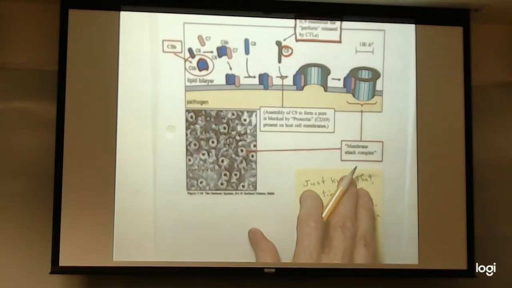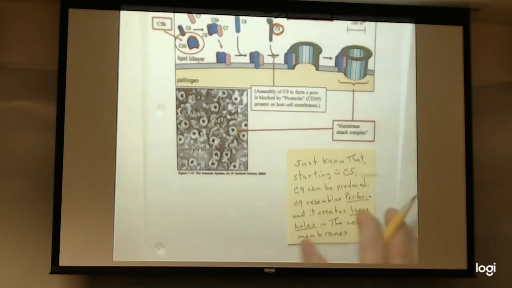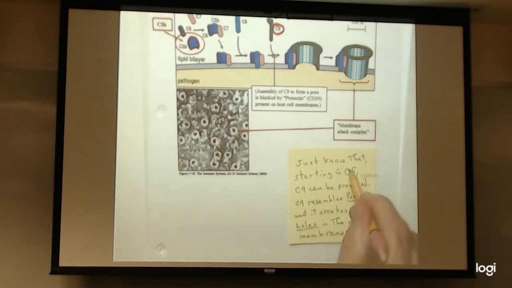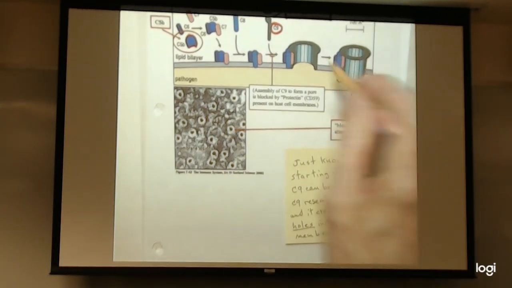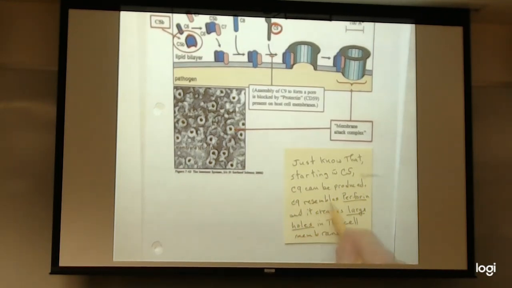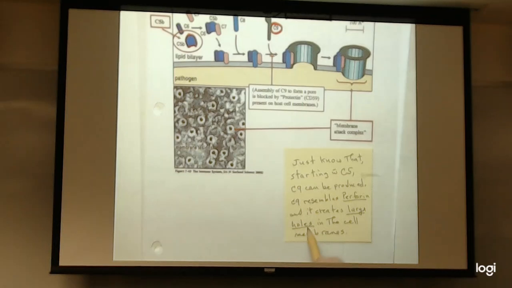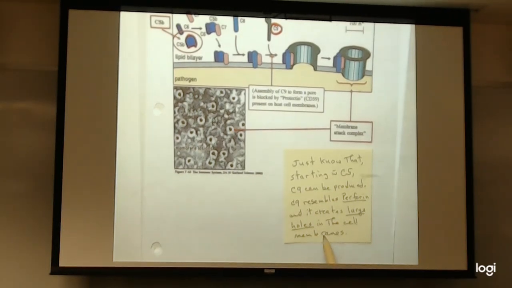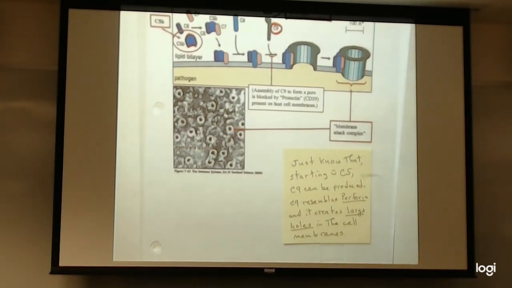So, in terms of preparation for the last exam, just know that starting with C5b, these C9 pores can be produced, and the C9 pores resemble perforin and create very large holes in the cell membranes. I'll pause while you write that down.